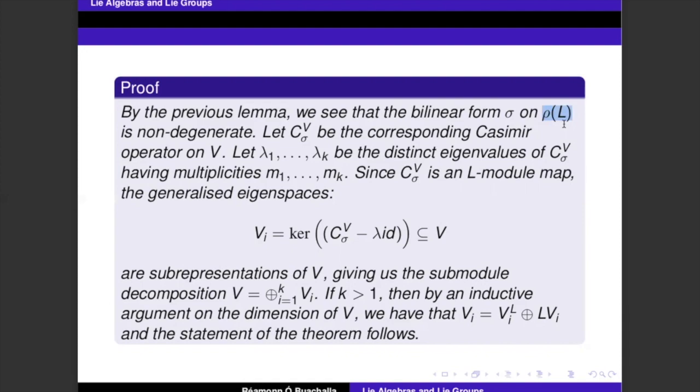So the Casimir operator is going to be a linear operator acting on V. And taking its Jordan normal form, let the lambdas be the eigenvalues. So with the Jordan normal form, we've got lambdas along the diagonal, our eigenvalues, and ones above it.